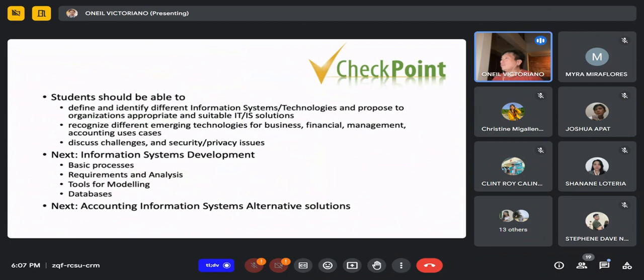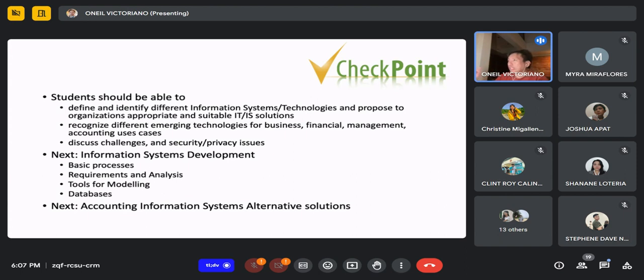Okay, so that's just one third of the first module. So the student should be able to define, or the examinee should be able to define and identify different IS or technologies and propose to organizations appropriate and suitable IS solutions. That's basically looking into, if you have this use case, if you have this particular case, what would be a good solution?